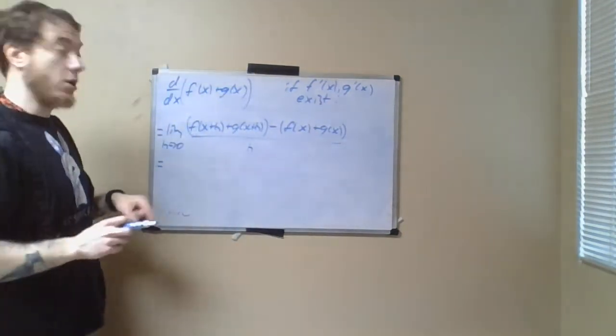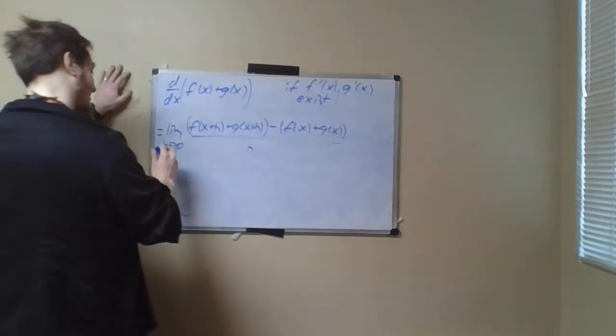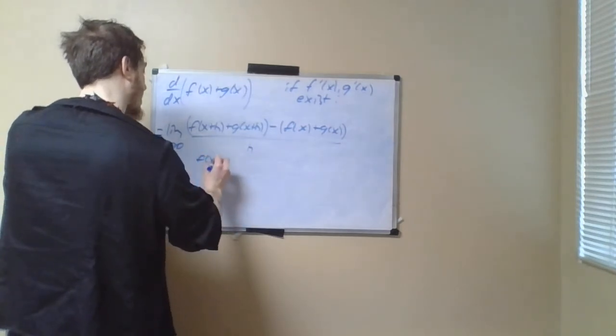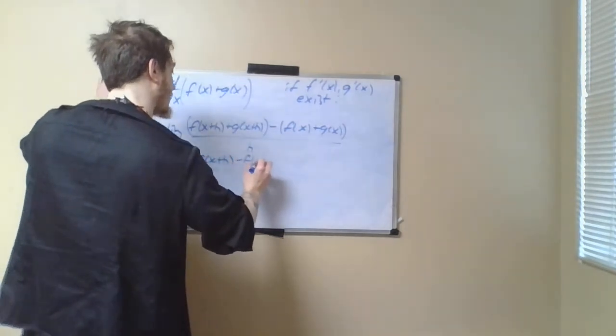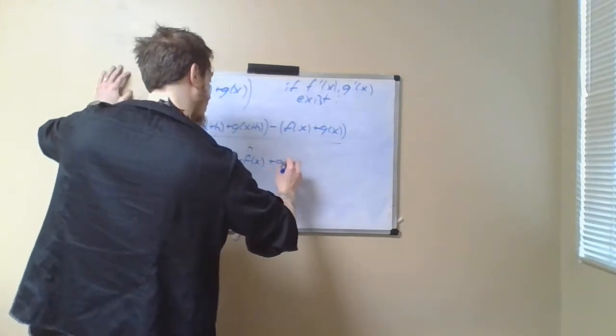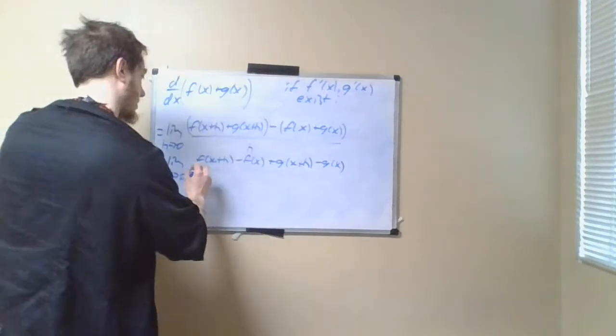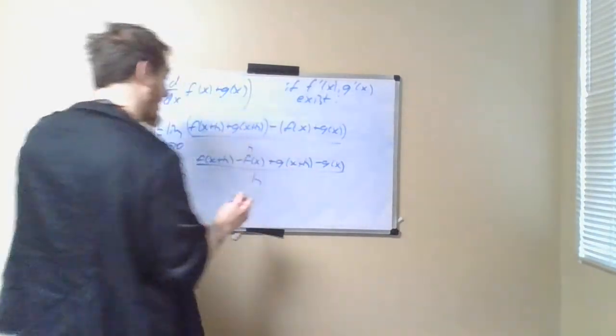But here's what I can do. I can rewrite this as the limit as h goes to 0 of f of x plus h minus f of x plus g of x plus h minus g of x, all divided by h.